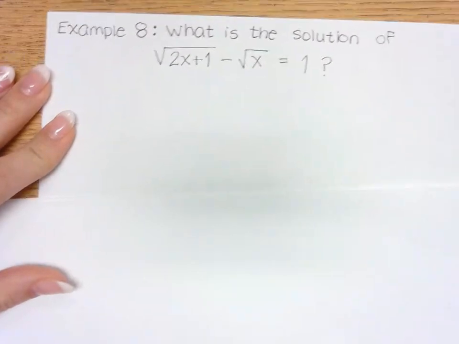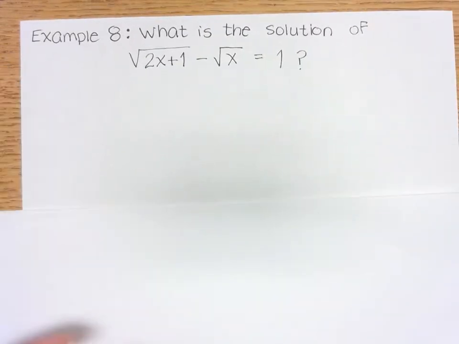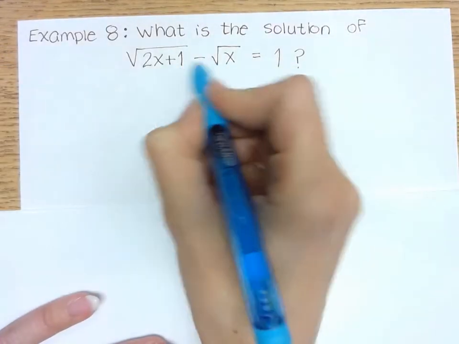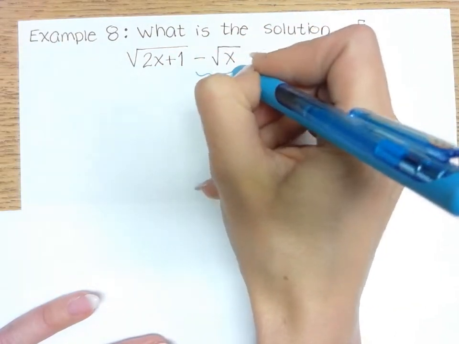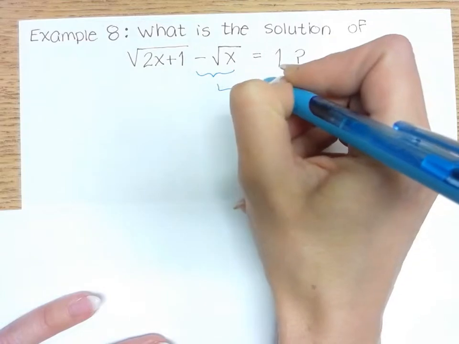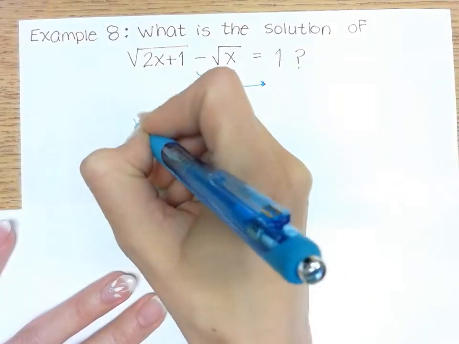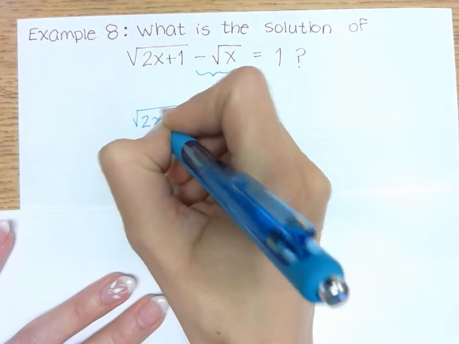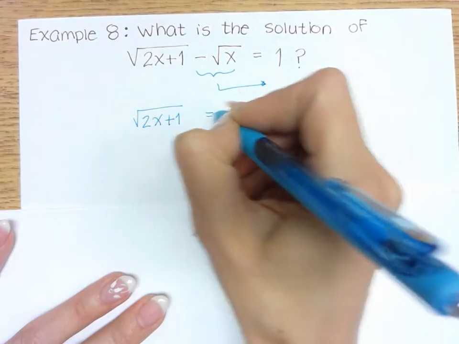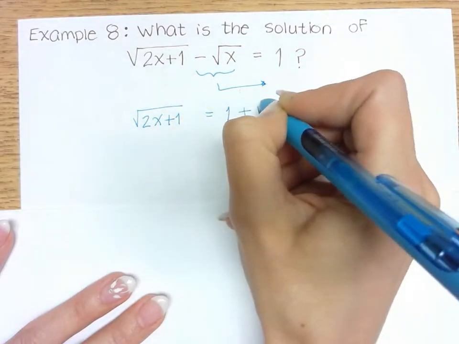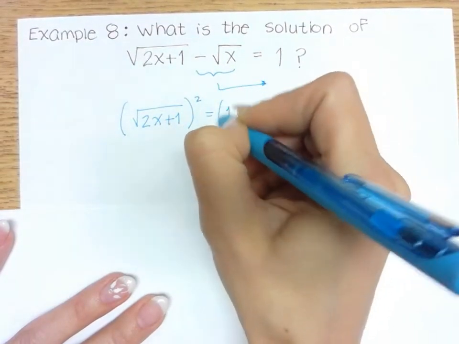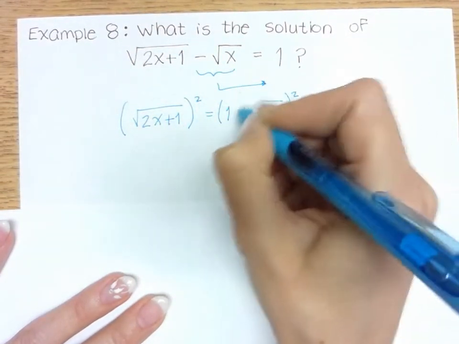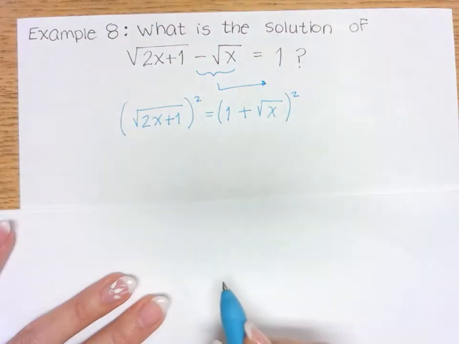Alright, here, a little different. We have two radicals. What you want to do is, I like to take one of the radicals to the other side, even if it's with another number. So I'm going to get here a 2x plus 1 equals 1 plus the square root of x. If I square both sides, you're going to have to expand this the way you would using FOIL.